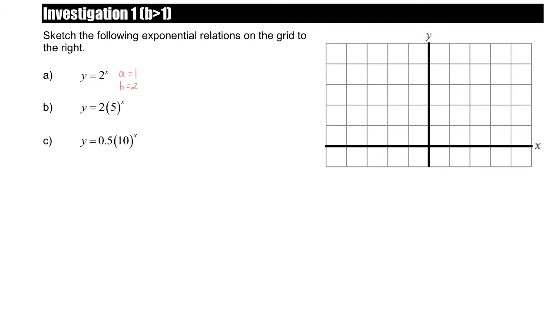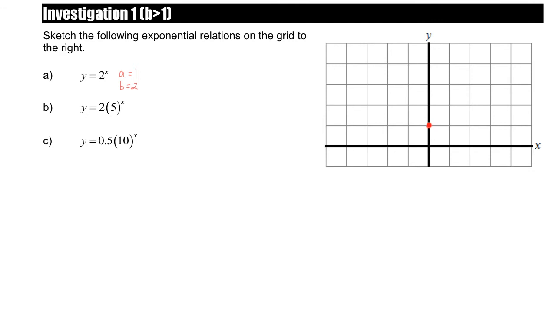So a is 1 and b is 2. A is 1, so we'll plot that point. Now b is 2. That's the growth rate, the growth factor. So what does that mean? Well, that means every time we go over 1 unit on the x-axis, we're multiplying our previous y value by 2. So here, my y value was 1.